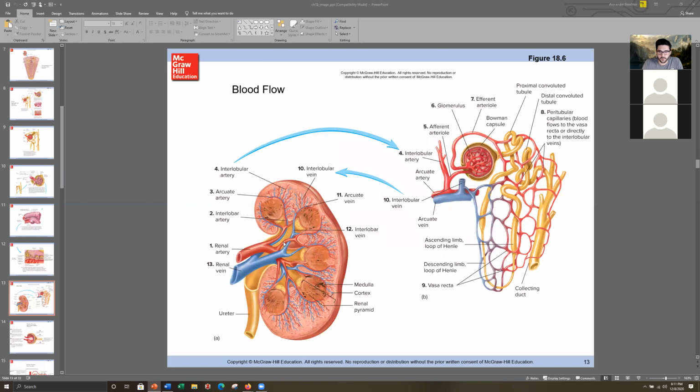Okay, so before we get to how we control filtrate, let's look at some of the blood flow of the kidneys here. So if we start at number 1, if we're a blood vessel going into the kidney, we start out as the renal artery right here.